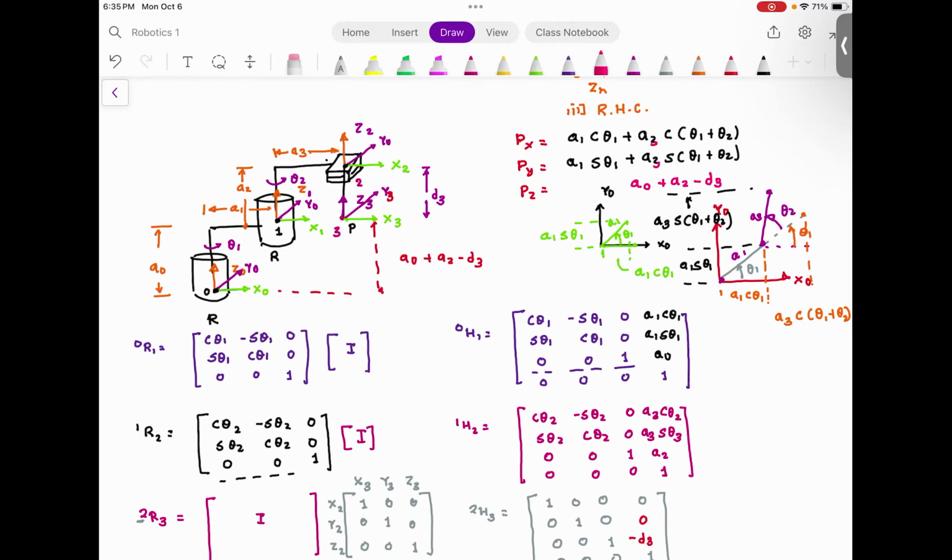Let me ask you, how would you solve an inverse kinematics problem? You have three unknowns, theta 1, theta 2, and D3. You agree with me? If you use what we have been doing for the last few problems, wherein we use a solve function, provide three equations, and ask for three unknowns, do you think you will get the correct answer?